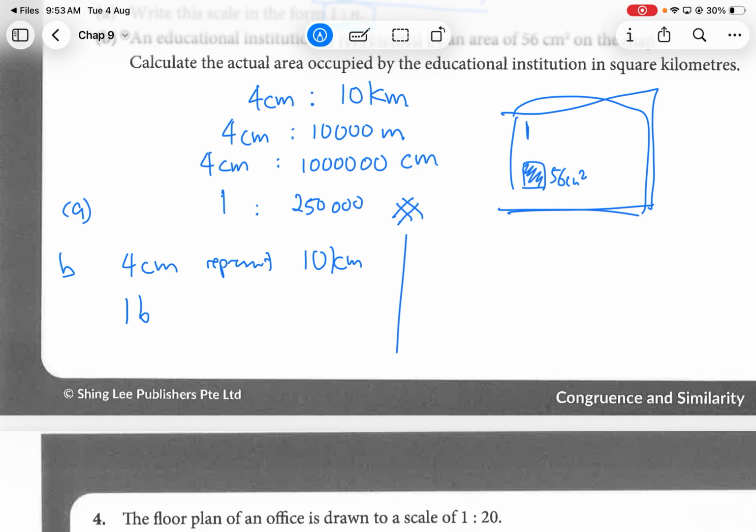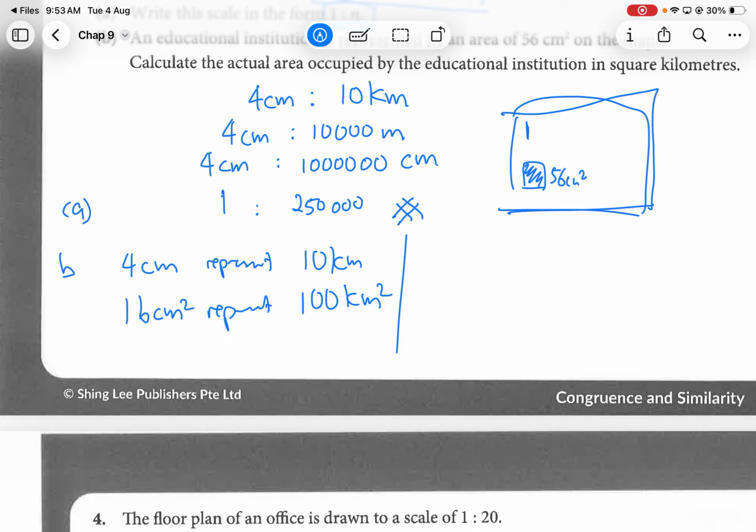Okay? Now that I have a scale factor for area, this one is 56. Then 1 represents 6.25. I want 56. I just multiply 56 already. Okay? 1 cm square represents 6.25 kilometer square.